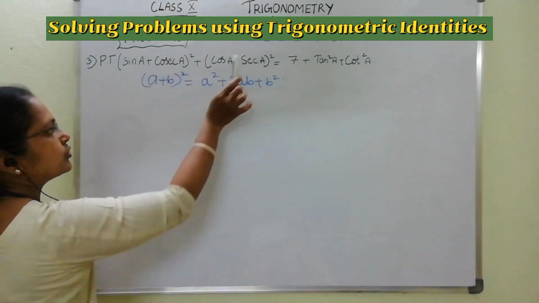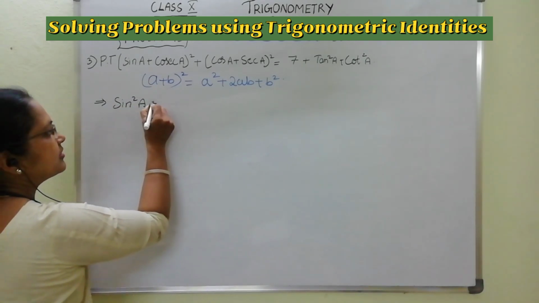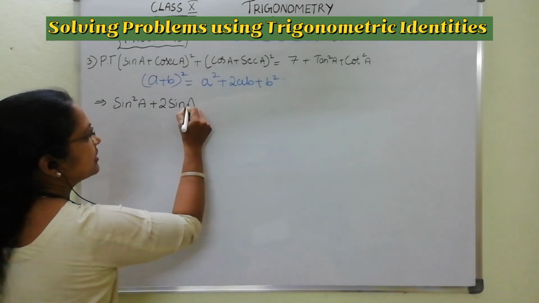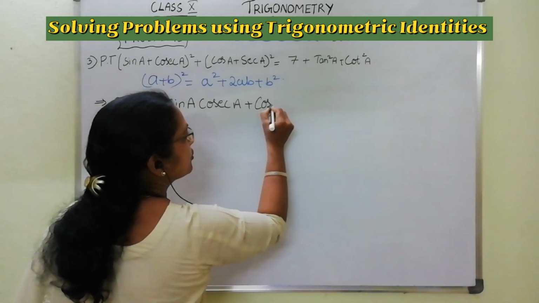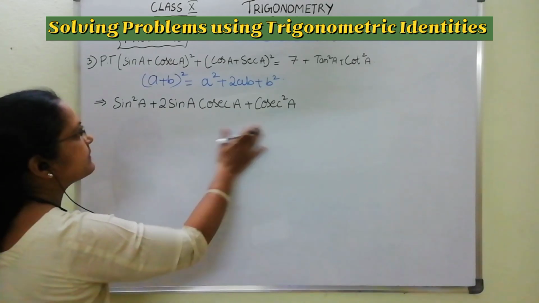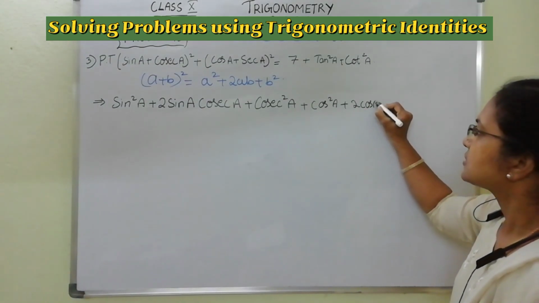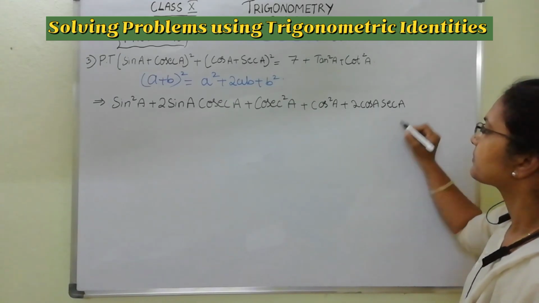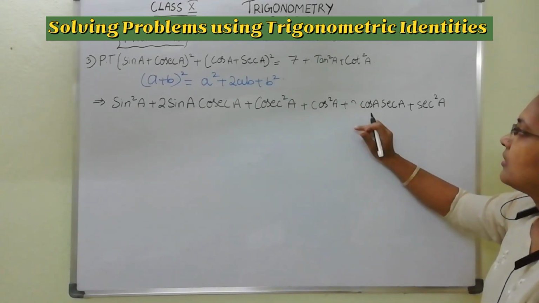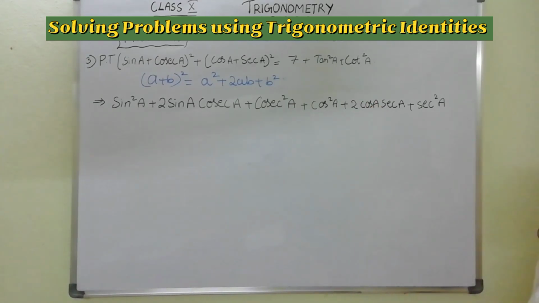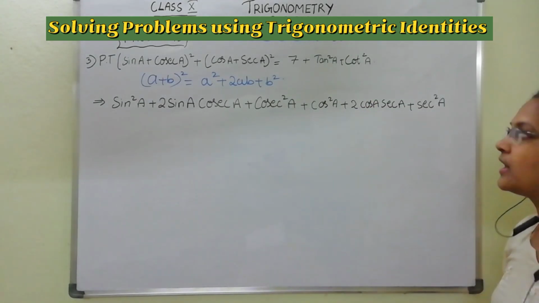So, we are going to expand both the terms, that is sin square A plus 2 sin A cosecant A plus cosecant square A. This is a one, that is cos square A plus 2 cos A secant A plus secant square A. Now we can understand very clearly that sine and cosecant both are reciprocal to each other, so it becomes 1.